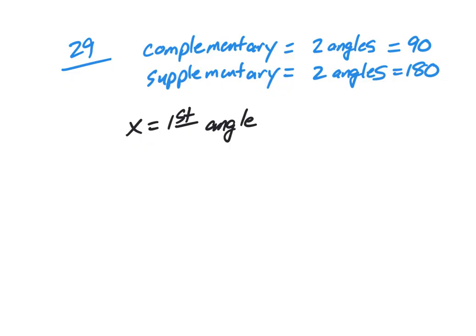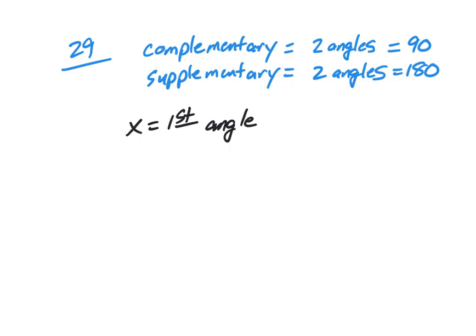Okay, and then it gives me a statement. It says one angle is 15 more than twice the other angle. So if I said x is my original angle, the other angle is 15 more than twice the original. So what would be an expression that would represent the second angle?